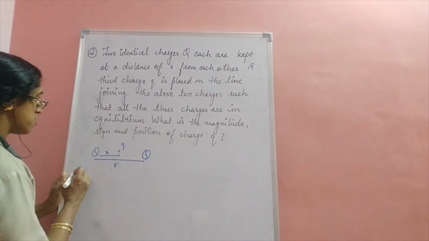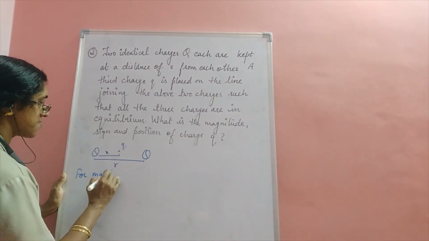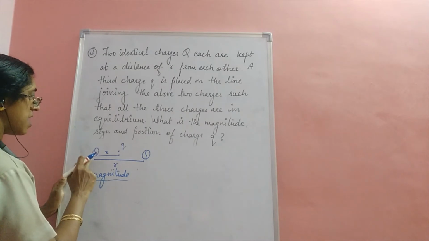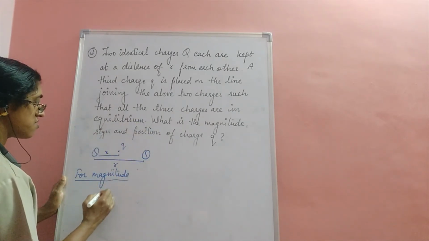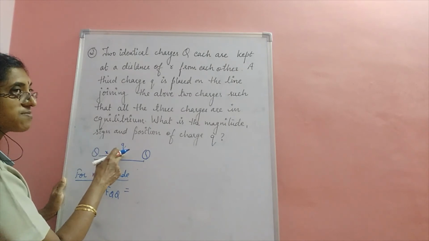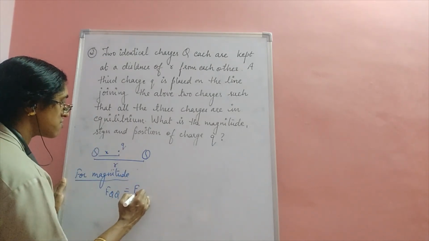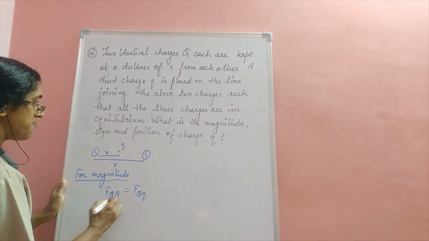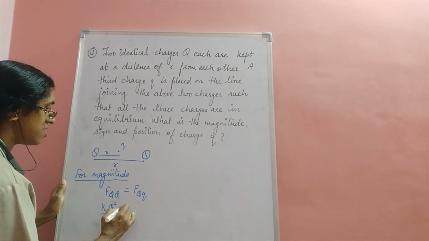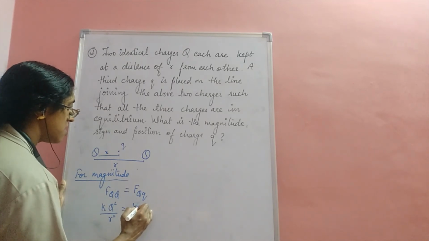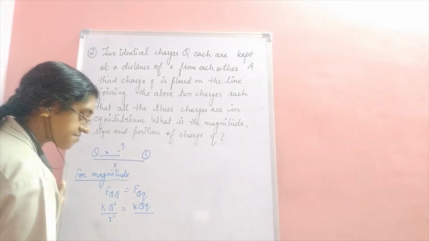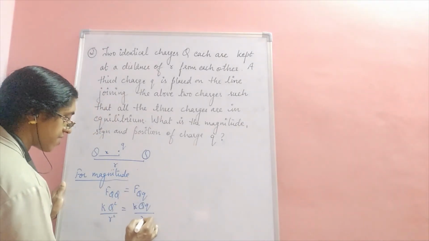To find out the magnitude, we know that the force exerted by these two similar charges, that is the force exerted by Q and Q, should remain in equilibrium with the force exerted by small q on capital Q. So, I can write that it is kQ square by r square should be equal to kQq by, what is the distance between the two? It is x square. Right?